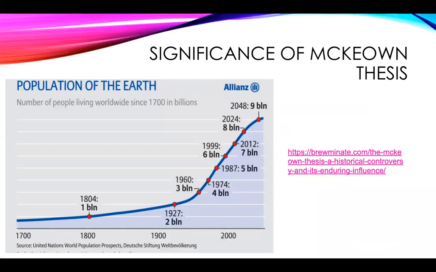They begin with the McKeown thesis, which is the argument that a lot of the increases in population size that you can see really starting in the early 1900s, he argued, was not due to technological improvements and progress in biomedicine. So it wasn't necessarily because we created these advanced technologies and surgeries.